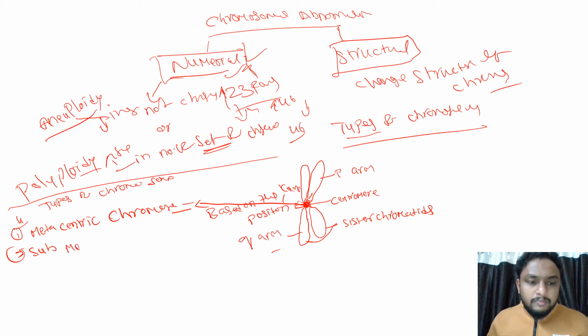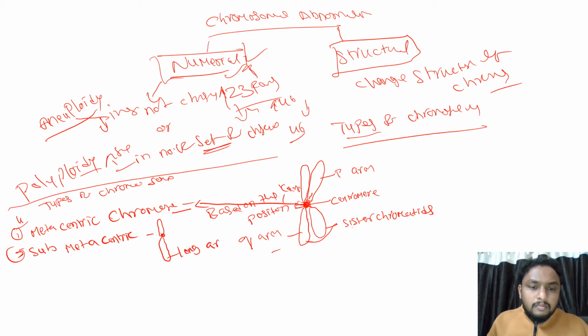Next type, submetacentric. Submetacentric chromosome means the position of the centromere is just above the middle. Imagine this is the centromere. I am just drawing one arm for your exam understanding. This is the long arm, this is the short arm.